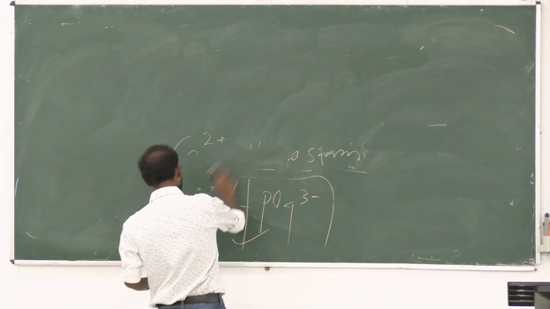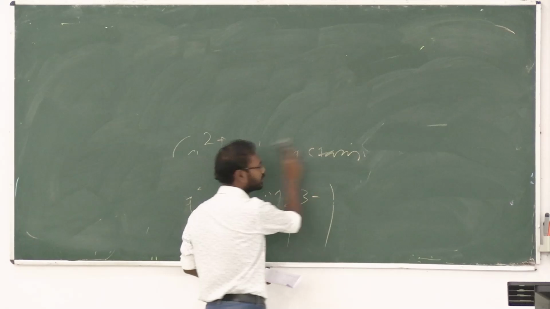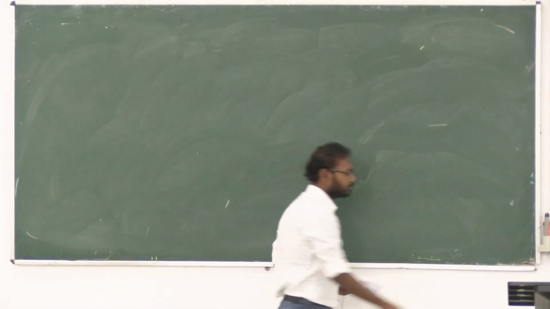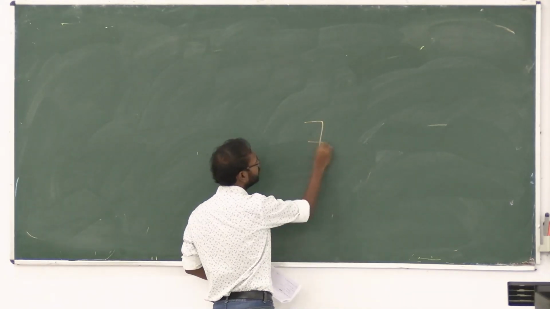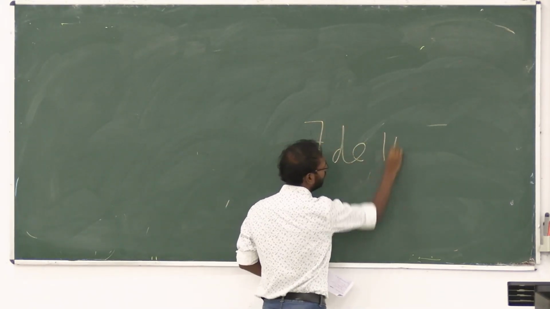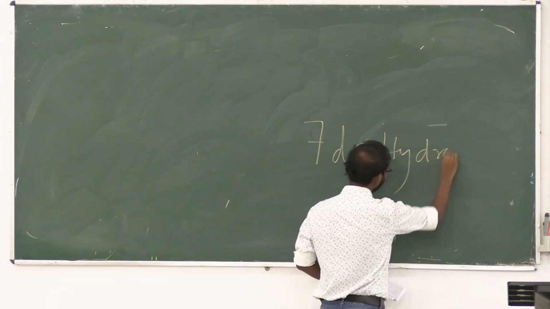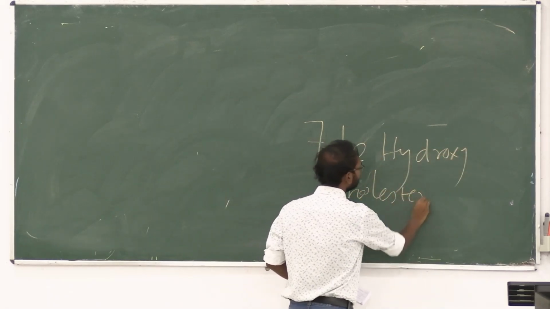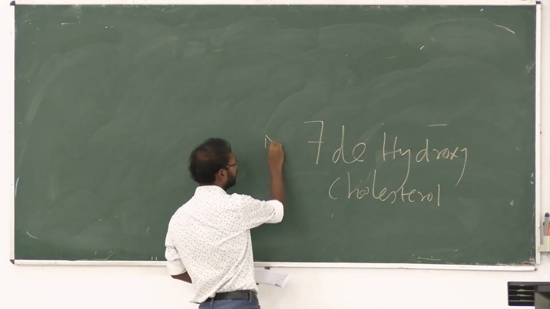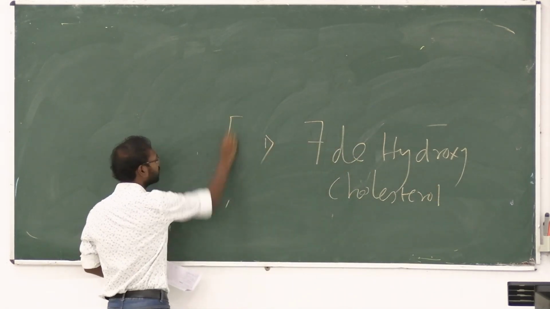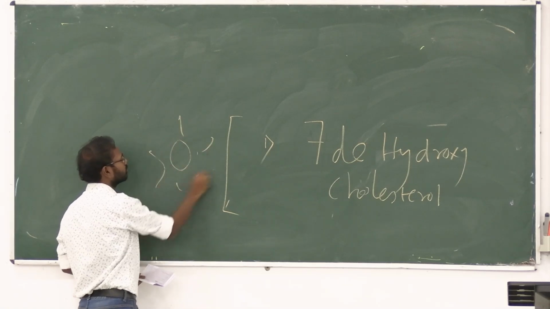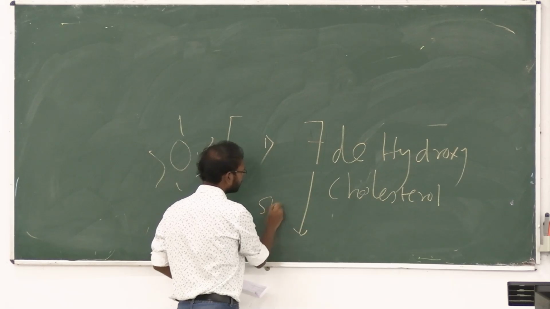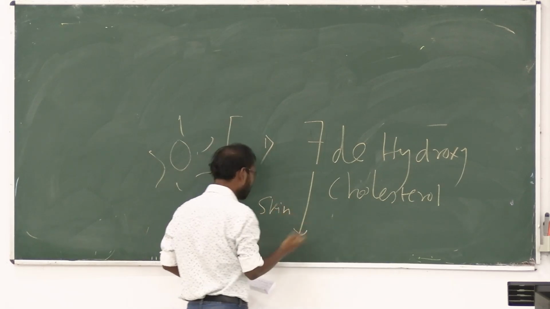7-dehydro cholesterol. 7-dehydro, not dihydroxy. That is the precursor. Sunlight.